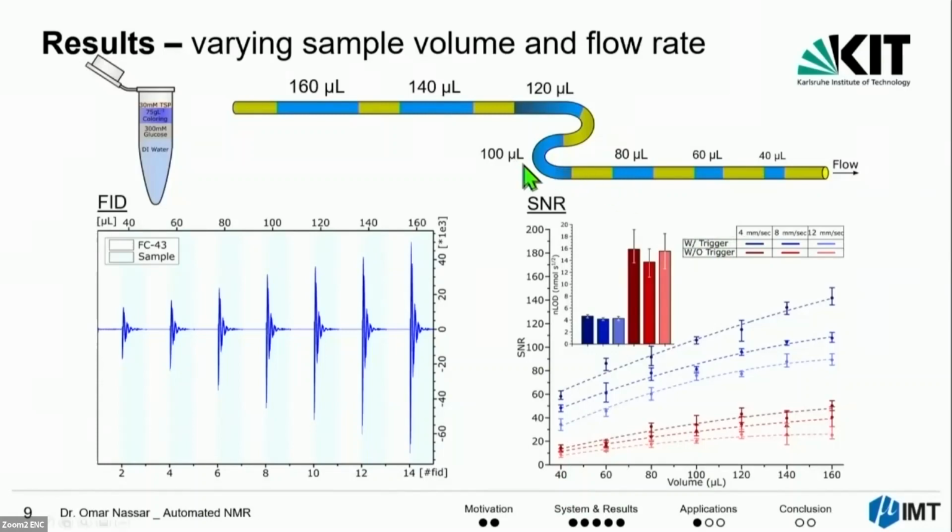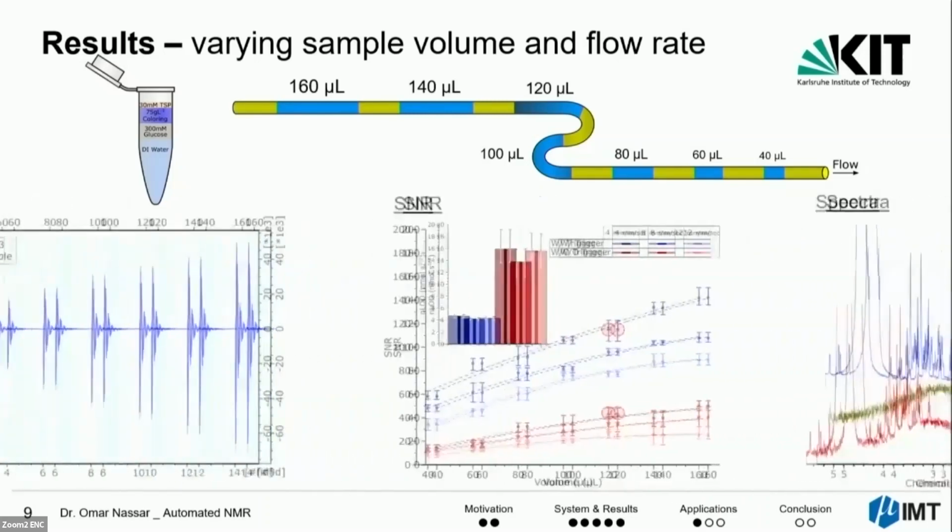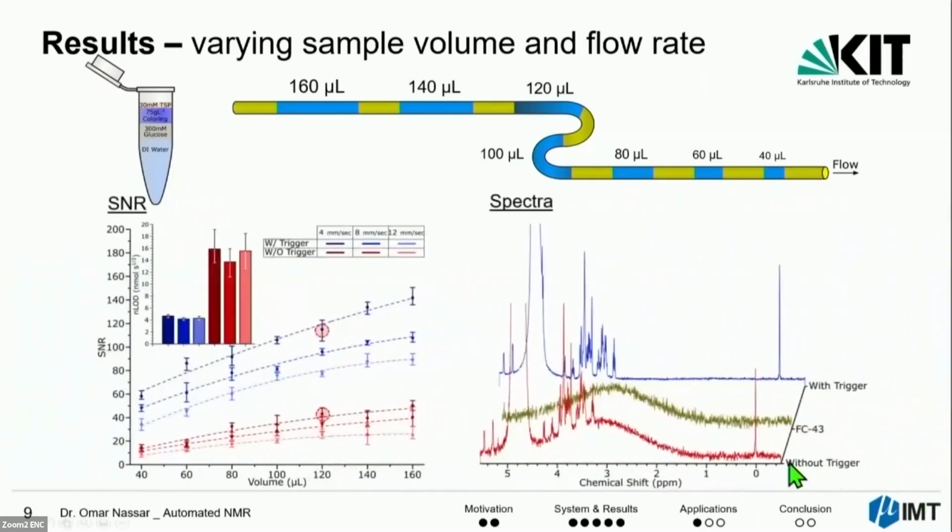Then we did the experiment in 2 ways. The first way by using this automatic acquisition system, and the other way, the old conventional system, where you switch it on once you see the sample inside the magnet, and you switch it off when the sample leaves the magnet. Here you can see the spectrum in the case of the blue one, the automatic sample triggering.